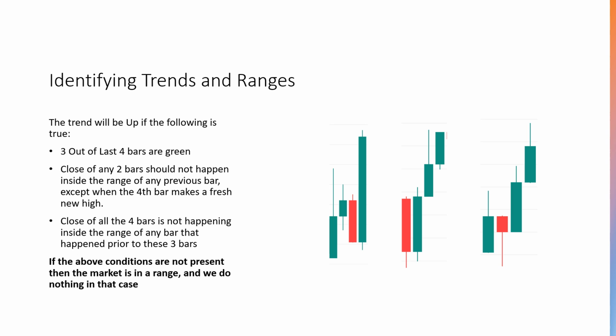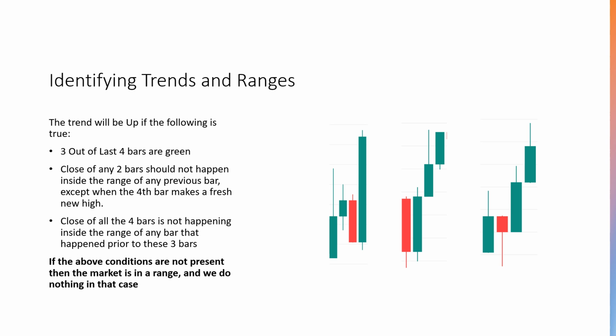So what's the third criteria? The close of all four bars is not happening inside the range of any bar that happened prior to these bars. I explained a moment ago that all these bars should not be inside the high and the low of any big bar that happened prior to these. Simple, right?